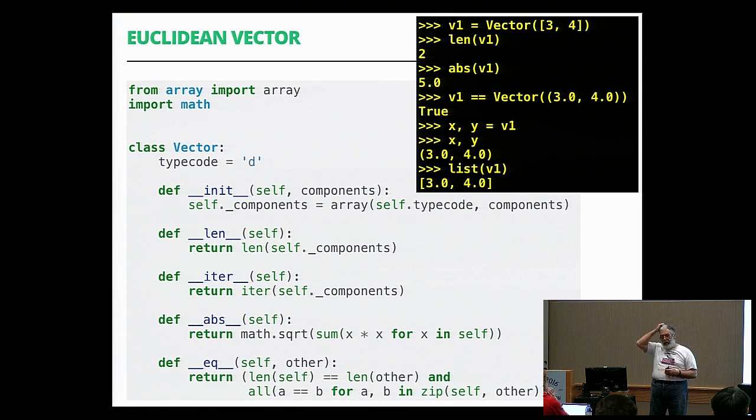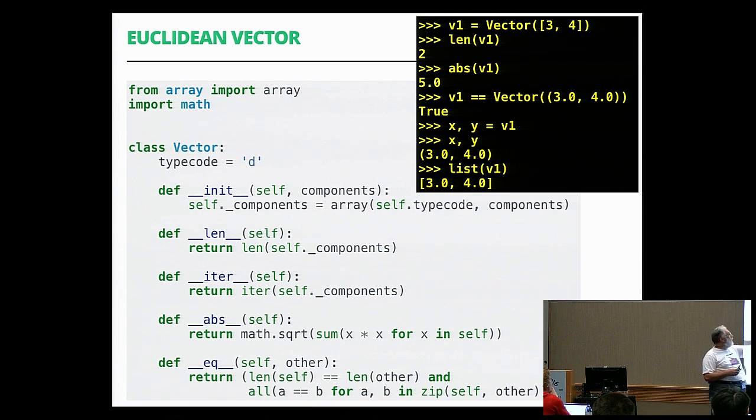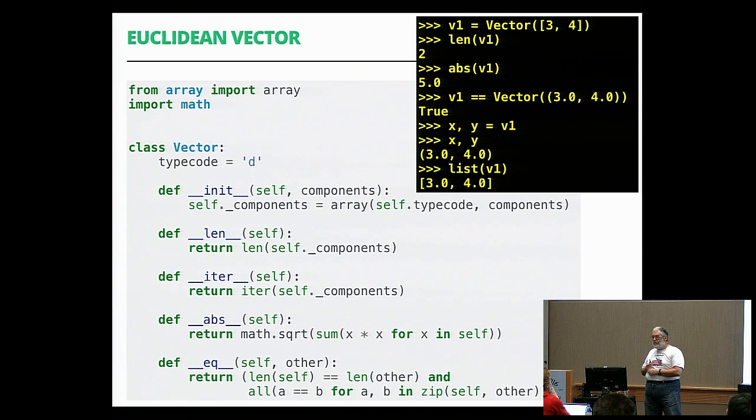Yes? Is there a reason you chose having components just be a list and not bare args? Yeah, that's a good question. I could have written star components, so that I could instantiate Vector by passing individual arguments. I actually did implement it that way, and then I kept going back and forth.